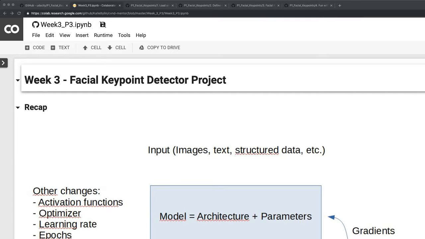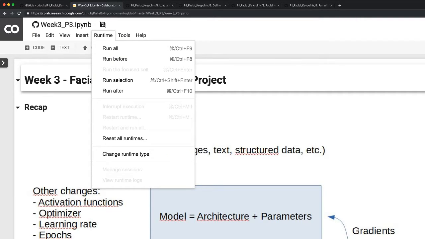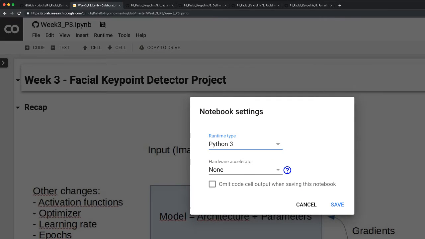It's super interesting. You can use it basically just by having a Google account. If you move up here into the runtime, you can change the runtime type, and here you choose hardware accelerator: none, where you're just using a CPU, a GPU, and if you're using TensorFlow usually, you can use a TPU as well.